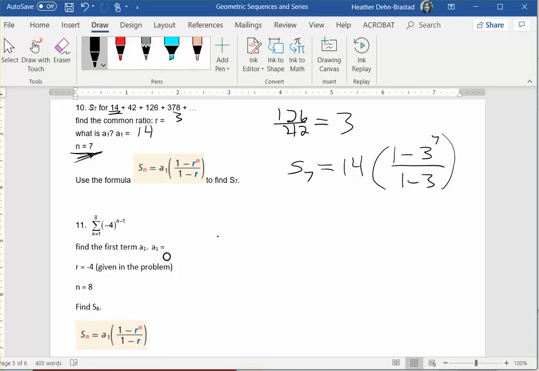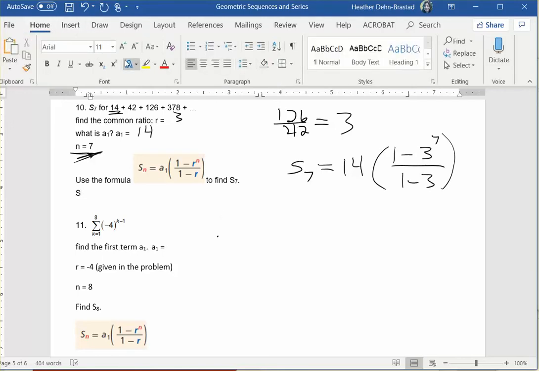Now how would I write this if I was typing, if you were using the Word tools? So S of 7, that's capital S of 7, we have a subscript button here, so I can do the 7 like that. That's the easiest way to do this. It's equal to 14 times, now I'm going to have a fraction in here. So let me change this to a square bracket.